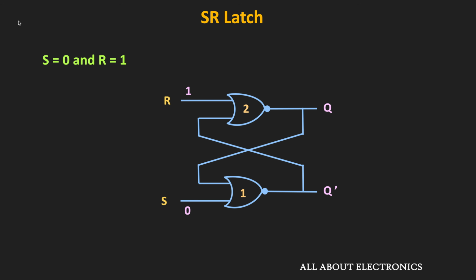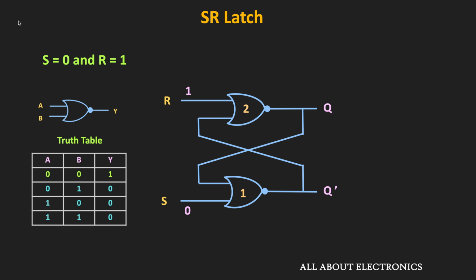Similarly, let us see the output of this latch when S is equal to 0 and R is equal to 1. Once again, as per the truth table of this NOR gate, when any input of the NOR gate is equal to 1, then its output will be equal to 0. So in this case, since R is equal to 1, the output of the second NOR gate will be equal to 0.